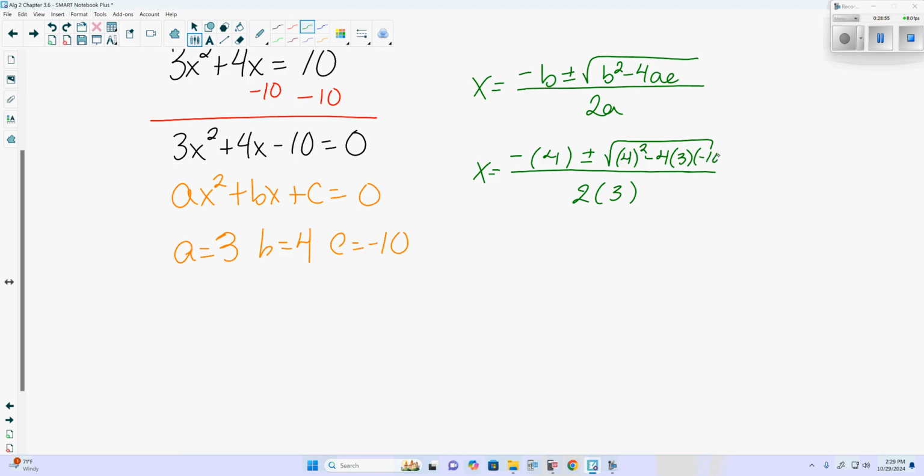And c is negative 10. Yep, negative 4ac.